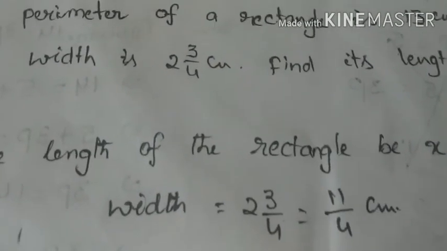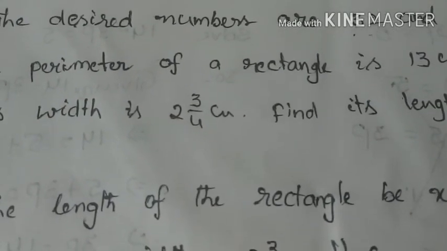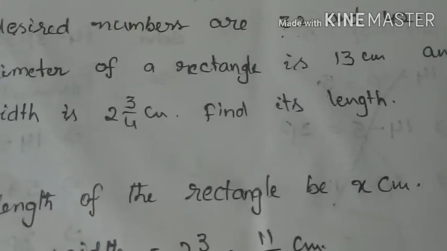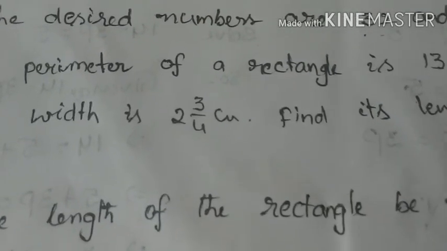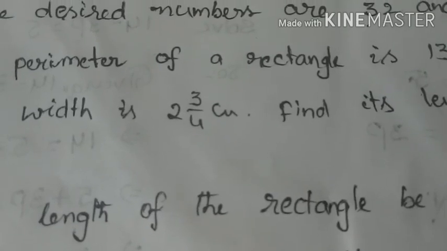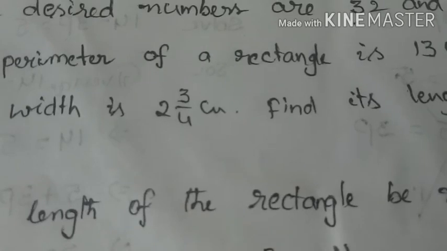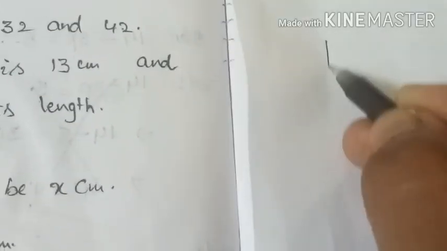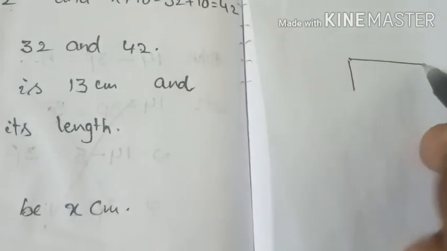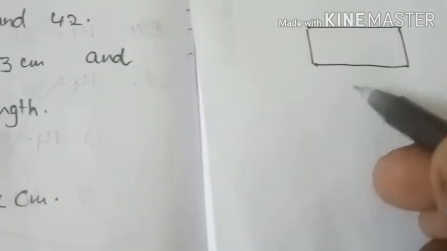The next one. The perimeter of a rectangle is 13 centimeters and its width is 2 and 3 by 4 centimeters. Find its length. So here the perimeter of a rectangle is given.